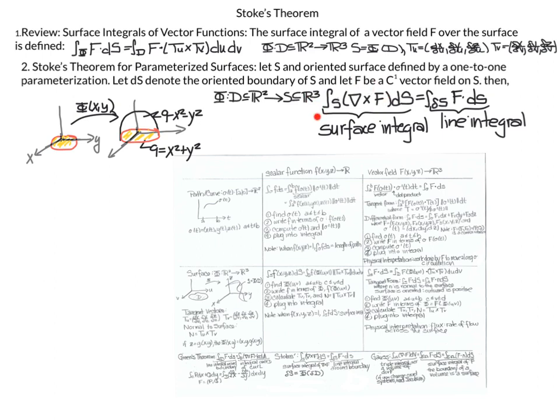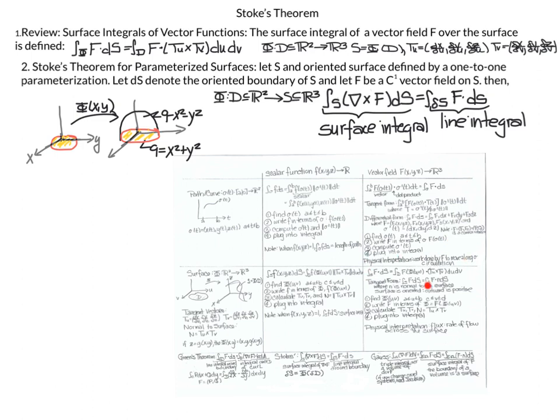So we're in this part of the matrix where we're taking the surface integral of a vector field. It just so happens the vector field is the curl of our original vector field. This over here is a line integral over a vector field, so this calculation belongs in this part of the matrix.